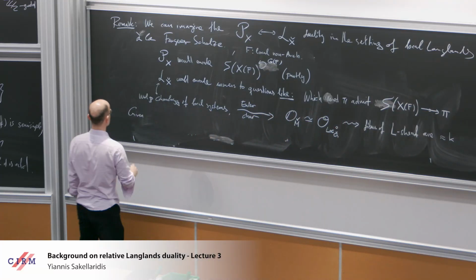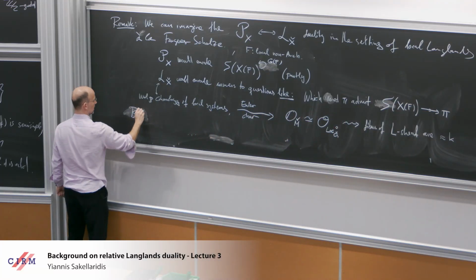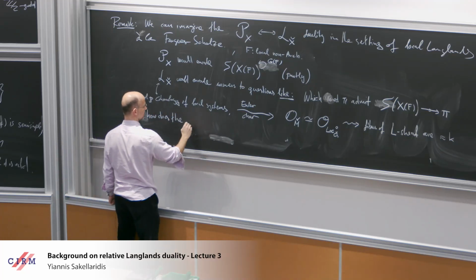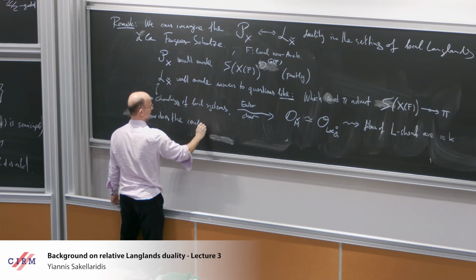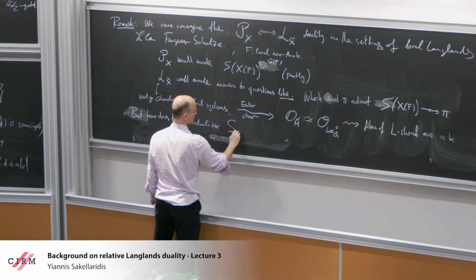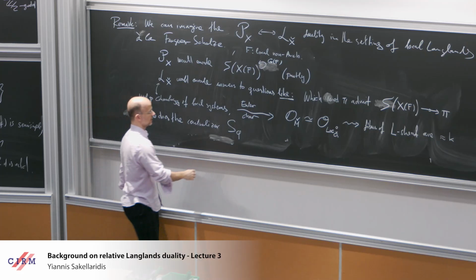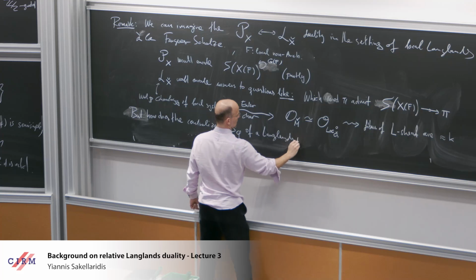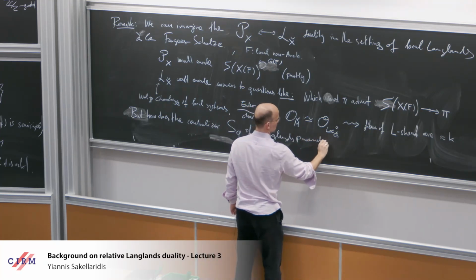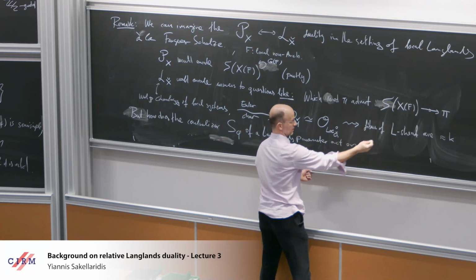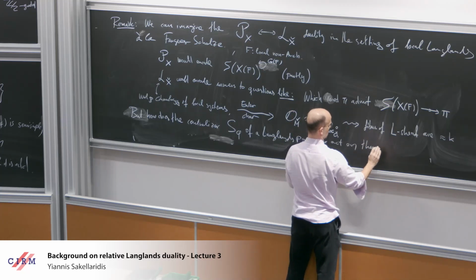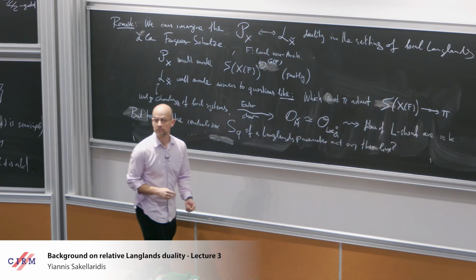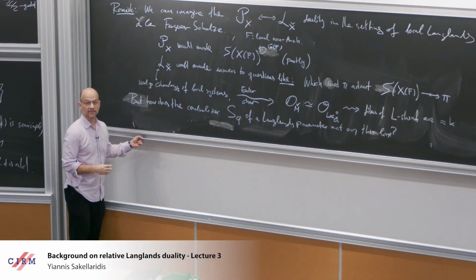Okay? But how does the centralizer, usually denoted by S_phi, of a Langlands parameter act on these lines?